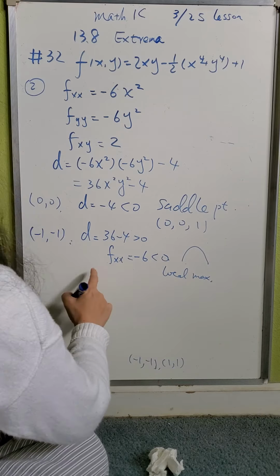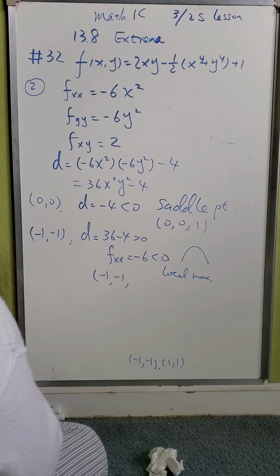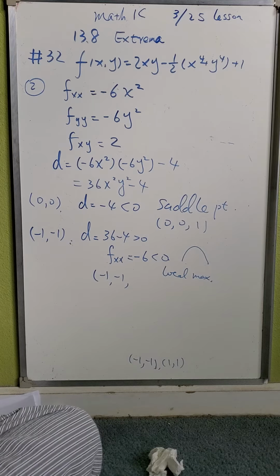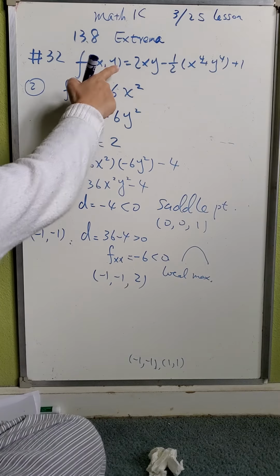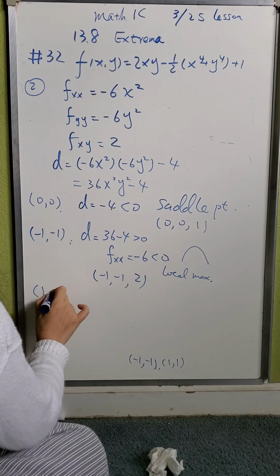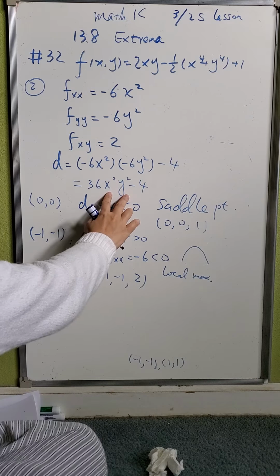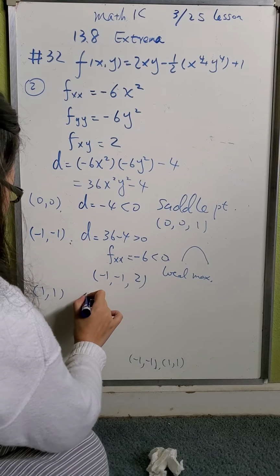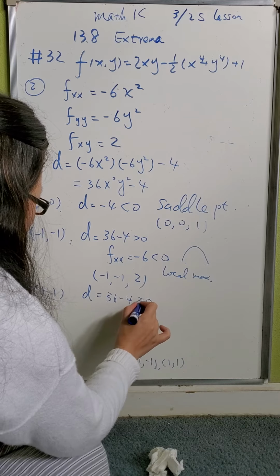The local max point, you put negative 1 inside, and I get 2. And then for (1,1), it looks like I will get the same thing, because if you put it here, you also get D equal to 36 subtract 4, also greater than 0.